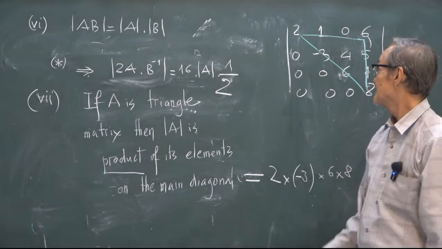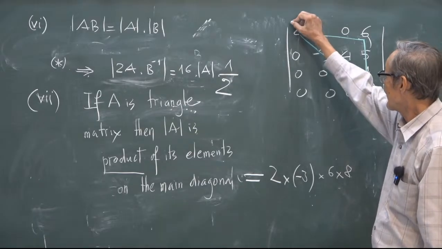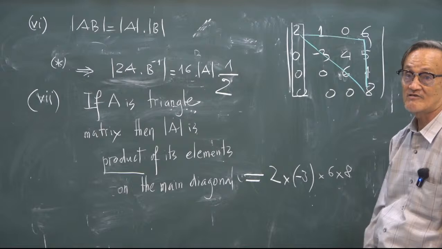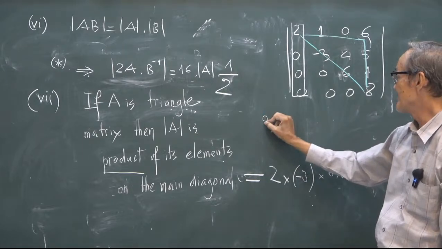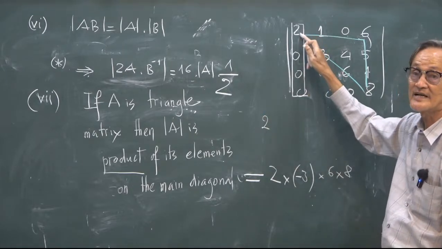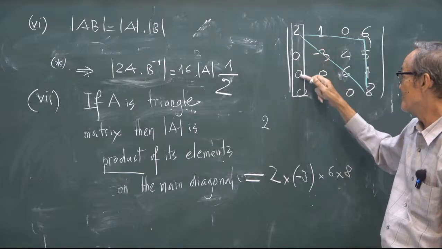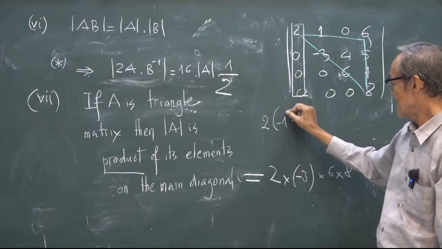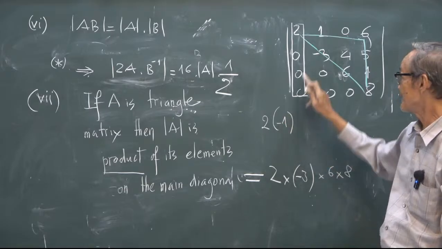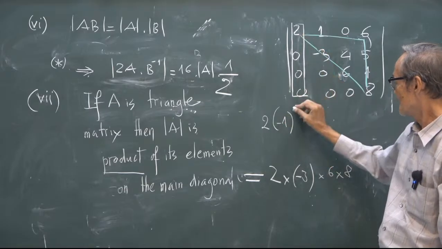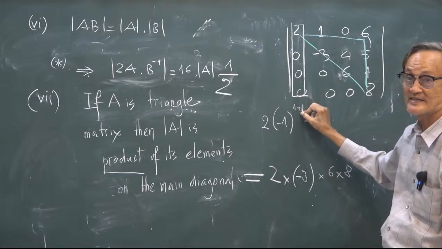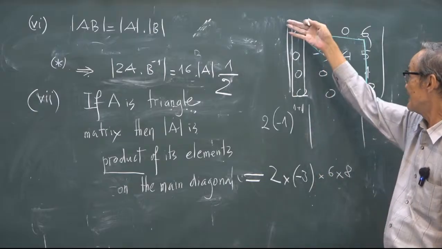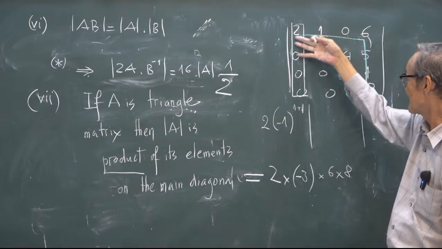You see, we can expand by the first row. We have 2, this element, then 0, and the number minus sign of this, row 1, column 1, and its minor, deleting row 1, column 1.